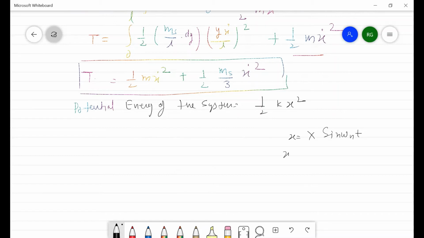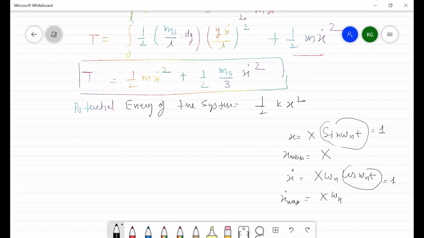So x maximum is capital X, and x dot can be given as X omega n cos omega n t. So x dot maximum is X omega n, because the maximum value of the cosine term is equal to 1, and similarly the maximum value of the sine term is 1. So the maximum displacement is capital X and the maximum velocity is X omega n.